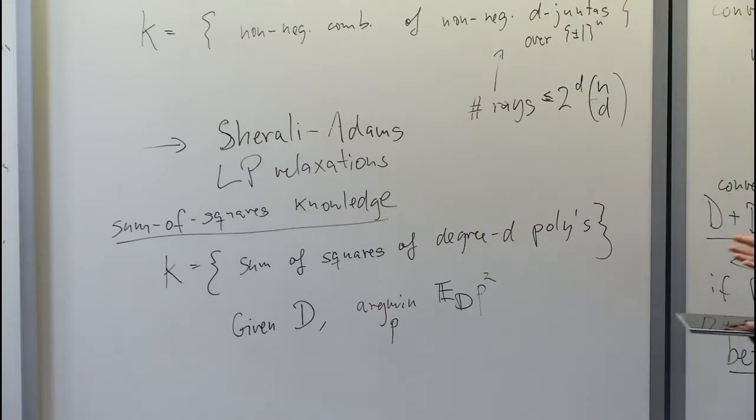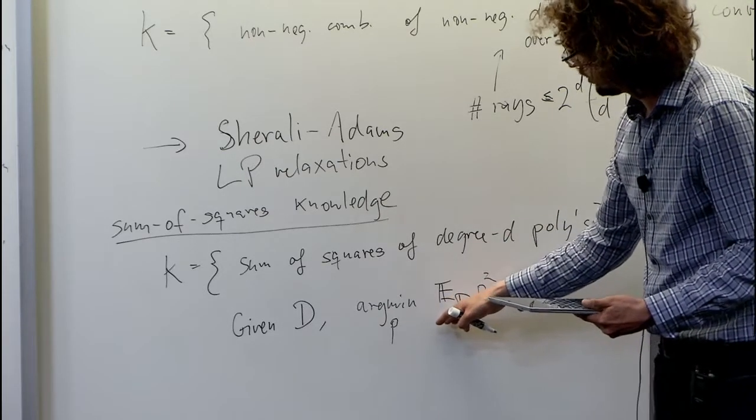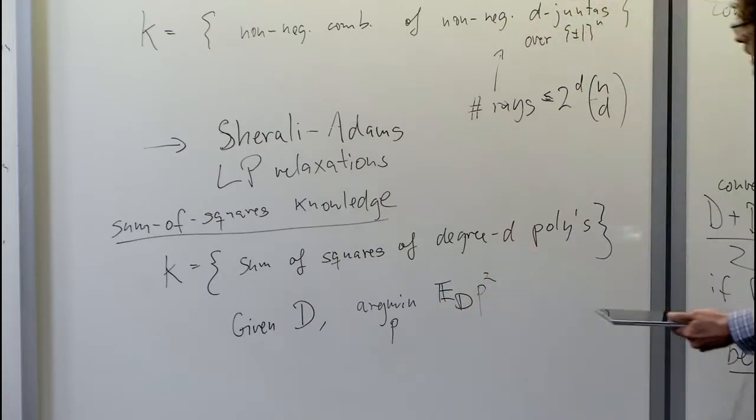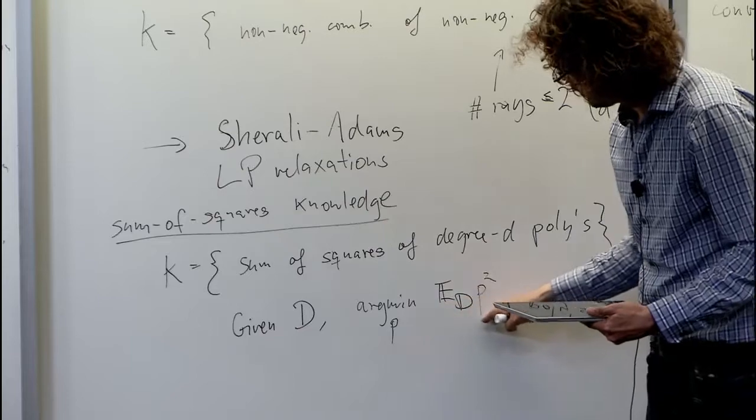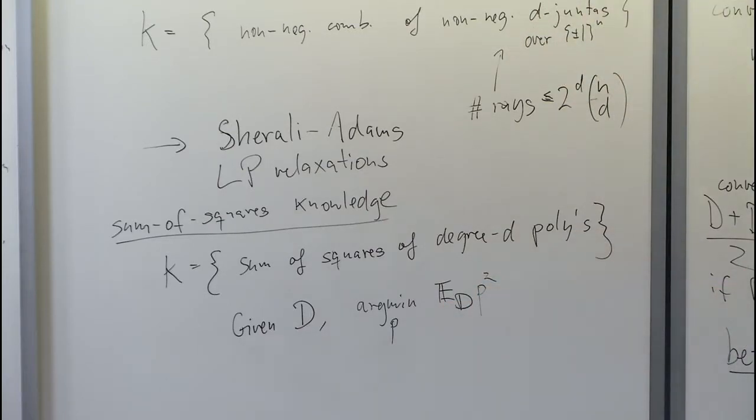So we go over every low degree polynomial P, and we want to minimize the pseudo expectation. Find a polynomial P where this pseudo expectation is as small as possible.